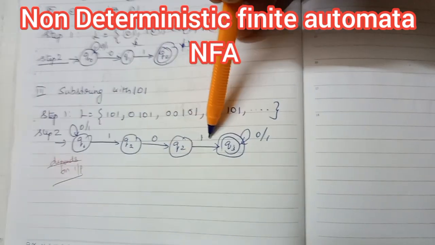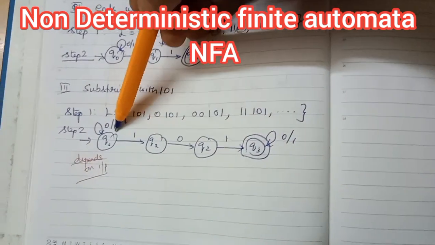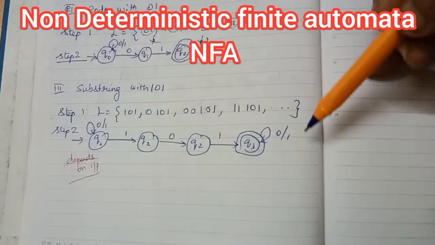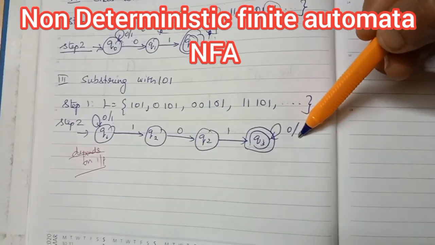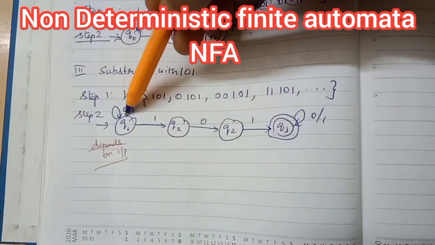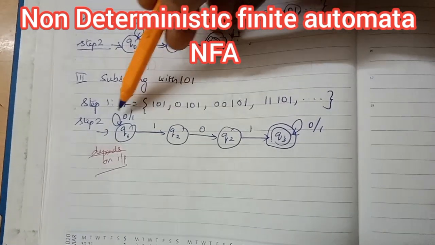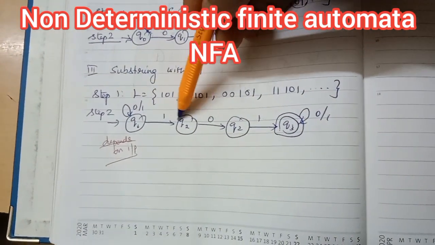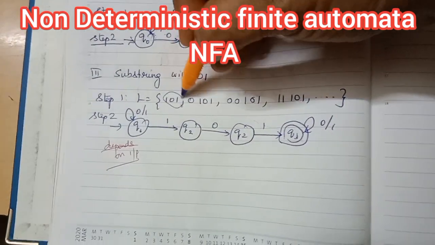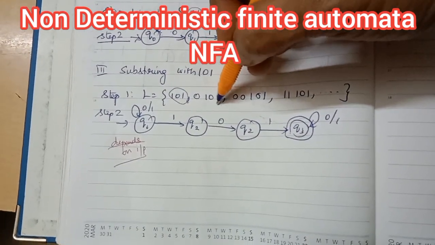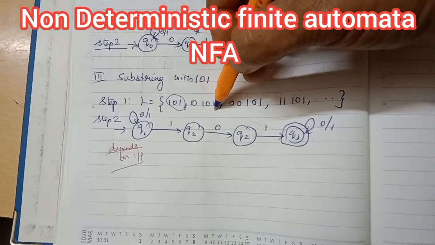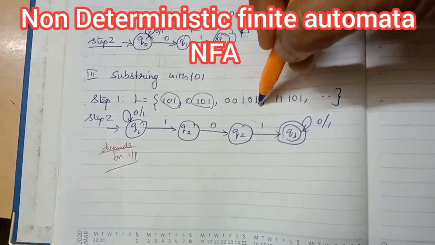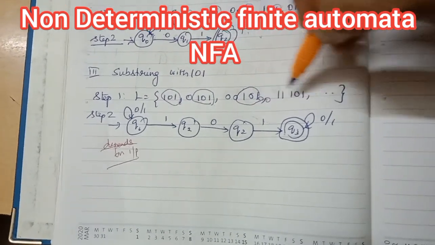So this sequence is in between. In the beginning we may have many inputs, and at the end also we may have any inputs, so we give loops. For example, 00101, 0010100101. Here 101 is the substring, and it may appear anywhere.